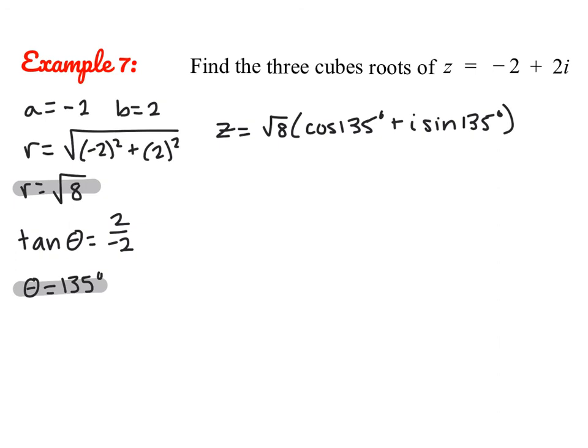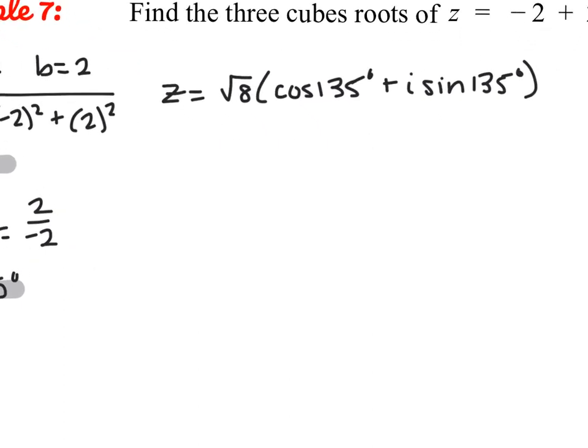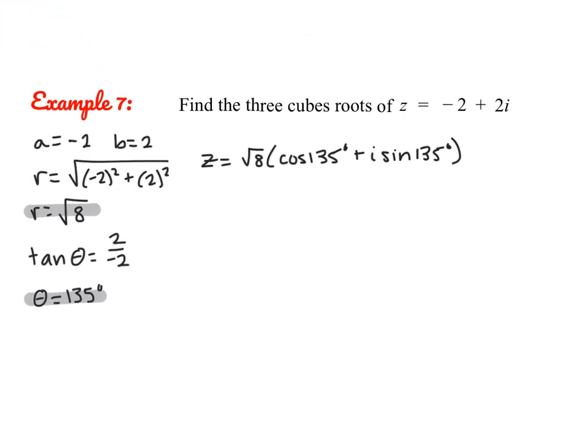Now we're going to set up our formula using that nth root equation that we just talked about. I'm going to zoom out just a little bit, and it ends up looking like this. To find the cube root of z, we're going to take the cube root of our r value, so it actually becomes the 6th root of 8. The cube root of the square root of 8 is the 6th root of 8.